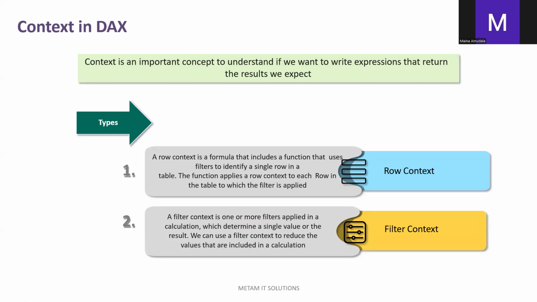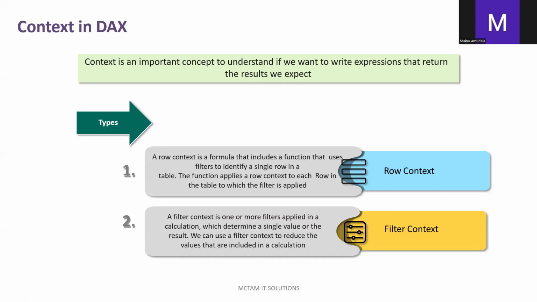The function applies a row context to each row in the table to which the filter is applied. It is applied by the rows and calculated by the rows. It does not include the column. It is only the filters applying in a column, not the column in the rows.